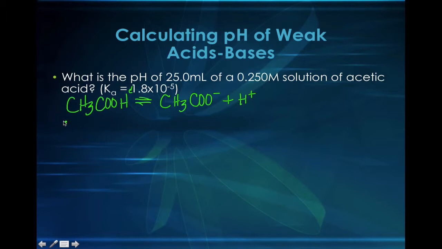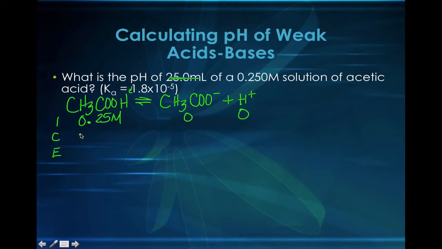Okay, so the first thing I'm going to do is set up my ice table. I want to use concentrations just like I did before. Right now my volume doesn't matter. It says I had 0.25 molar originally, so 0.25 molar. Before it ionizes, there is none of the acetate ion and none of the protons.